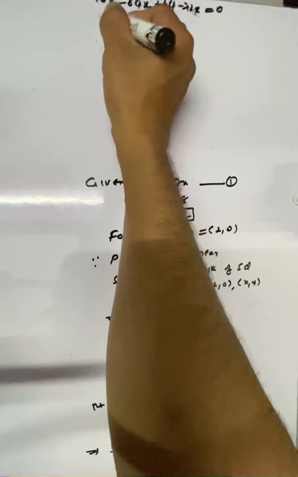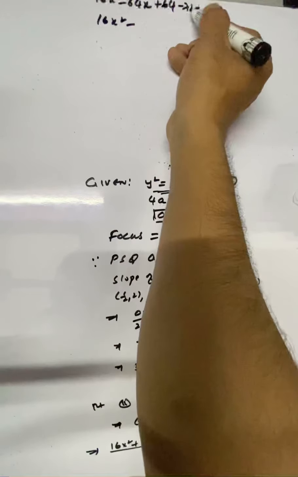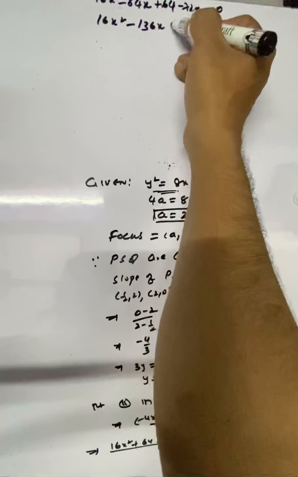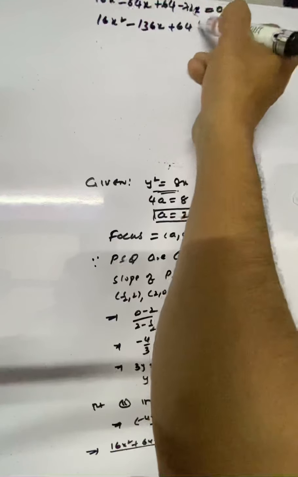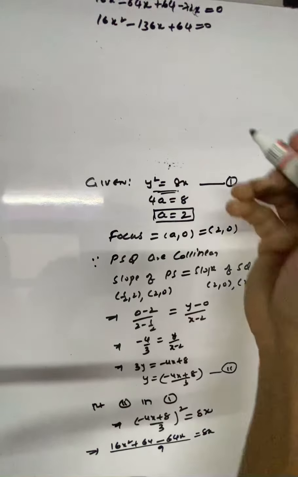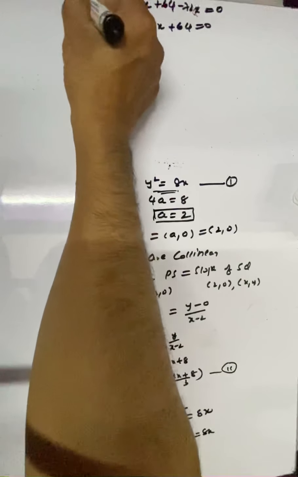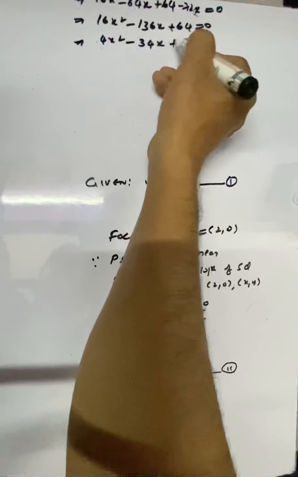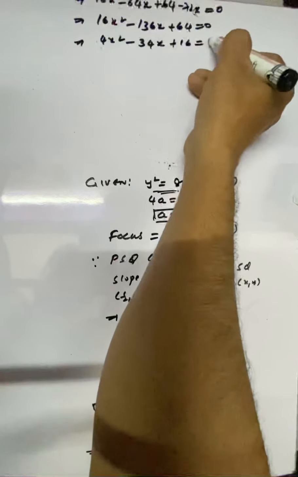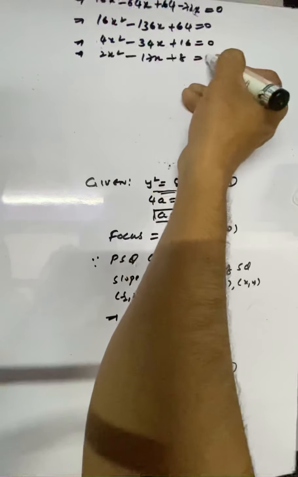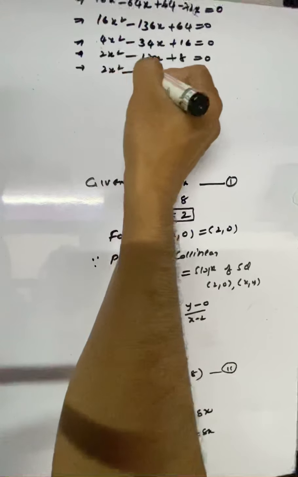Now we have 16x square minus 136x plus 64 equals 0. 4 common. 4 times 16, 16 common, 2x square minus 17x plus 8. 16 ones are 16.